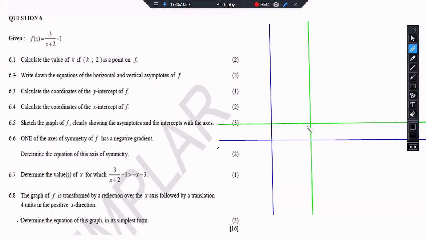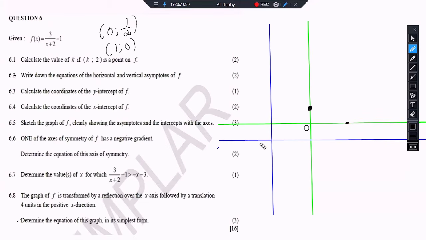So at this point, we understand this is our origin. And then we need to indicate our intercepts with the axes. Remember, we had (0, 1/2), and then also (1, 0), right? So let's indicate now. The (0, 1/2) could be somewhere here. And then the (1, 0), let's say it's somewhere there.